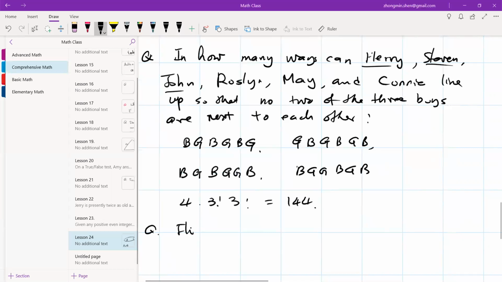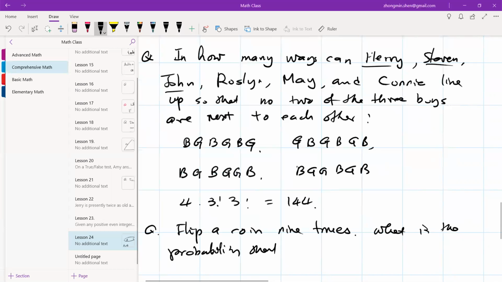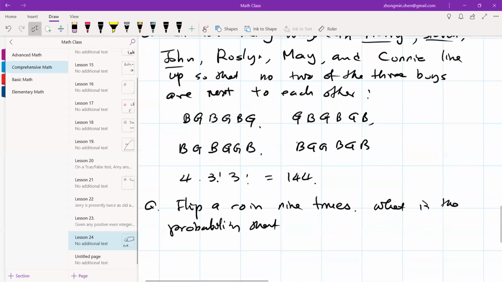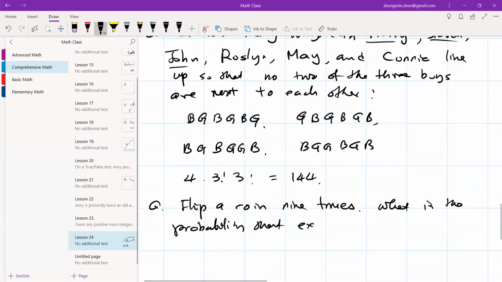Okay. Now flip a coin 9 times. What is the probability that exactly 2 flips will be heads?